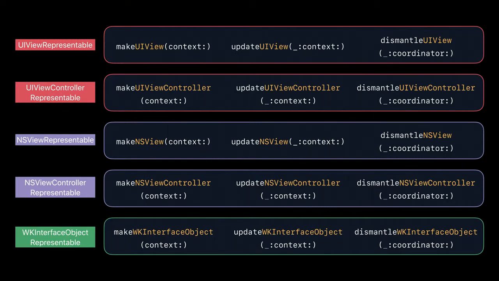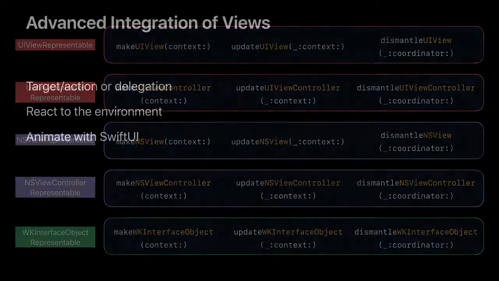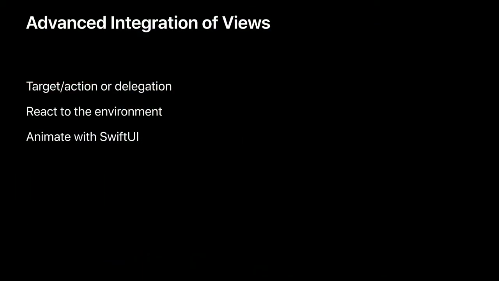So as we mentioned, the make and update methods are the only two required methods. That's all you need to simply present your views in SwiftUI. However, views are often complex, and you may want to do more than simply present them. Perhaps you want to expose target action or delegation in SwiftUI.